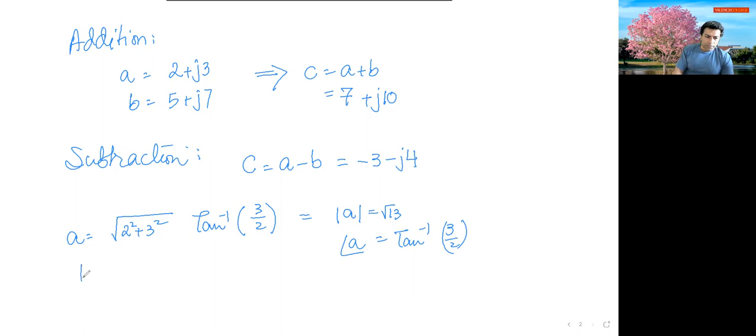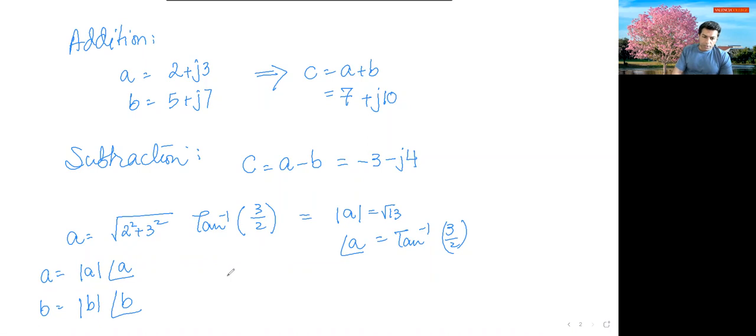So in polar form, let's say the number is A, with the magnitude of A and the phase of A. And likewise, in polar form, we represent B. So this is A in polar form, and this is B in polar form. That is, you're going to calculate the magnitude of B, and you're going to determine the phase of B. Now, if you are adding or subtracting, A plus B, or A minus B, whichever operation you are performing, you cannot do this.